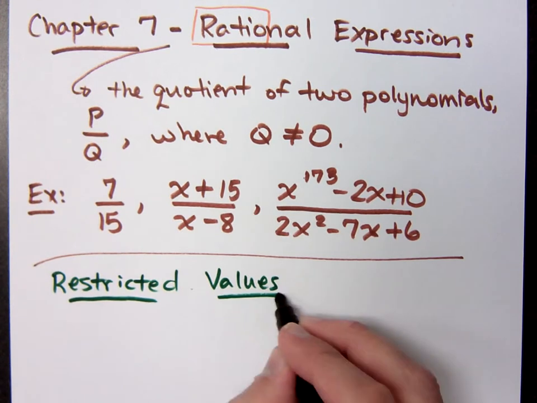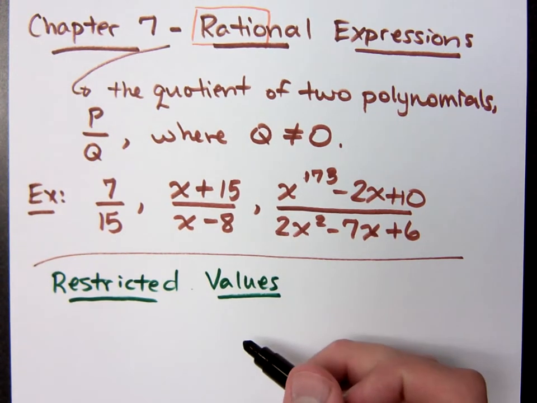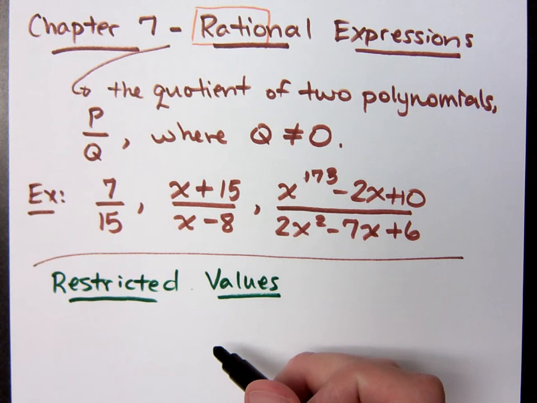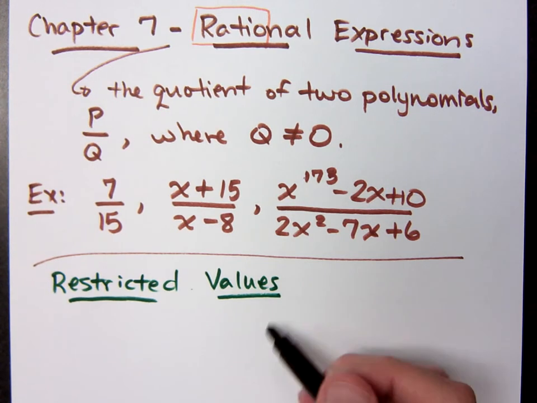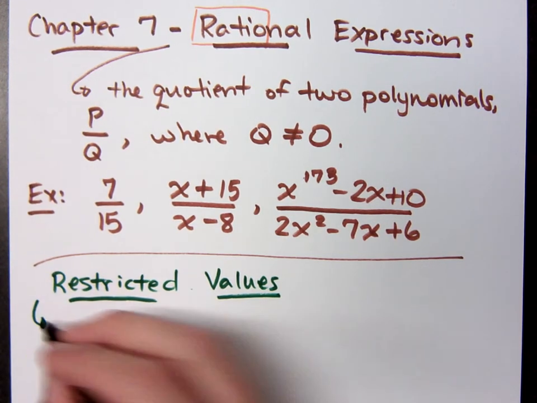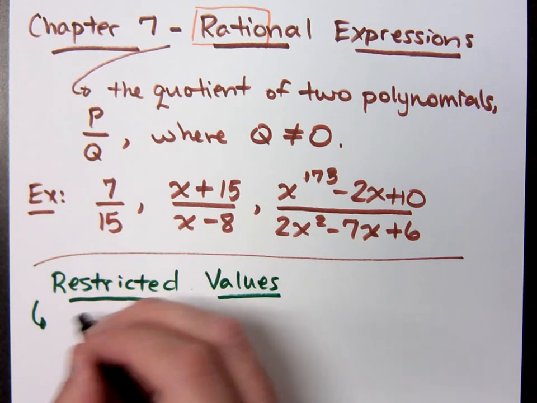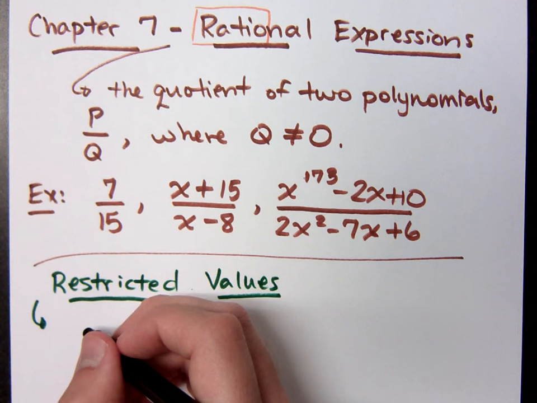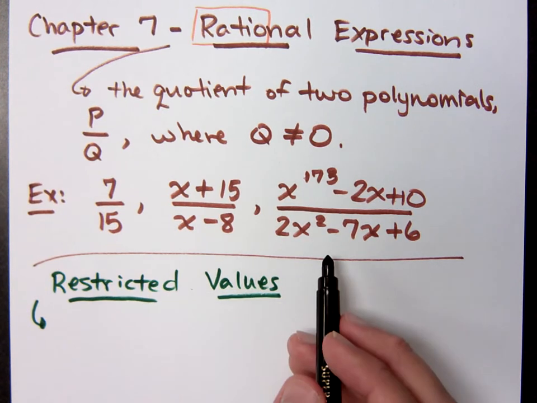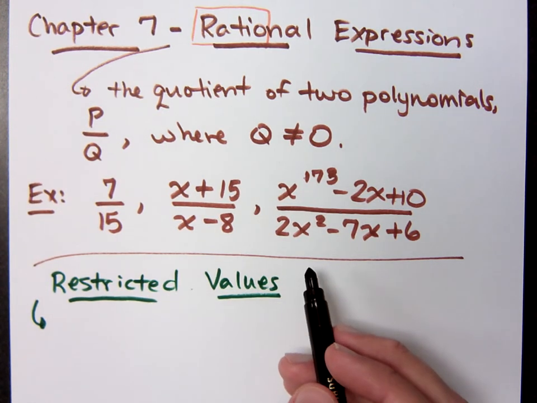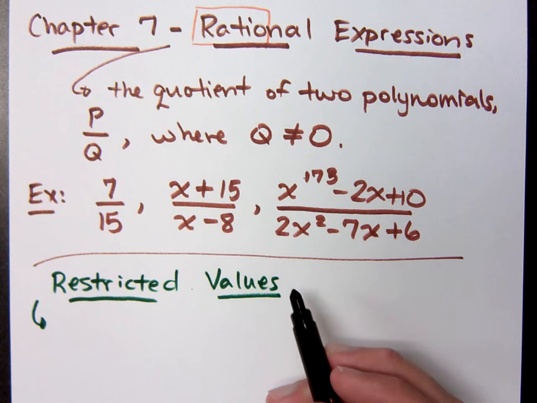Okay. Now, with restricted values, these are just the values that are acceptable to plug into these expressions that we have. So, a restricted value is something that you can't plug in for one reason or another, and basically our reason is that we don't want to have the denominator equal 0. We've already talked about how that would cause the expression to be undefined, and we don't want that.